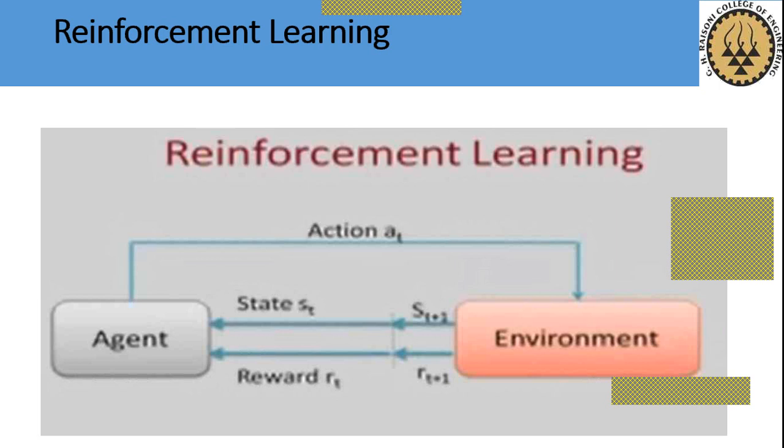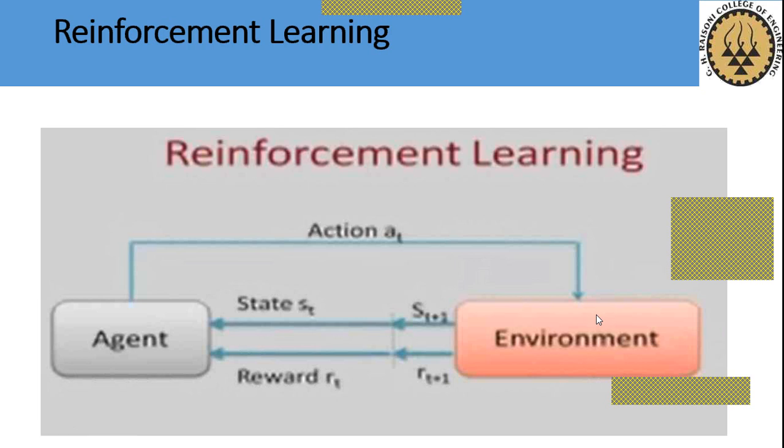This is a pictorial diagram of reinforcement learning, where the agent has to take an action, called A. Action is represented by A, that is the first action, and the environment. So before the agent moves in that particular environment, he has to take an action.